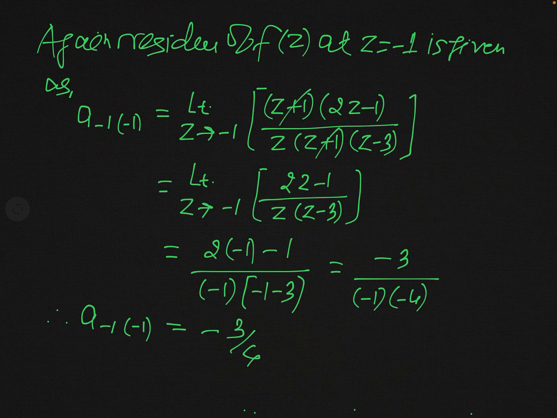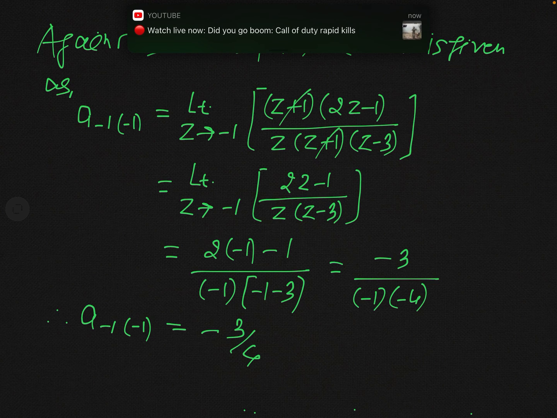So these are the residues of the function f of z at its two singular points z equal to 0 and z equal to -1, and these singular points of f of z are inside the given circle C, which is defined as mod of z equal to 2.